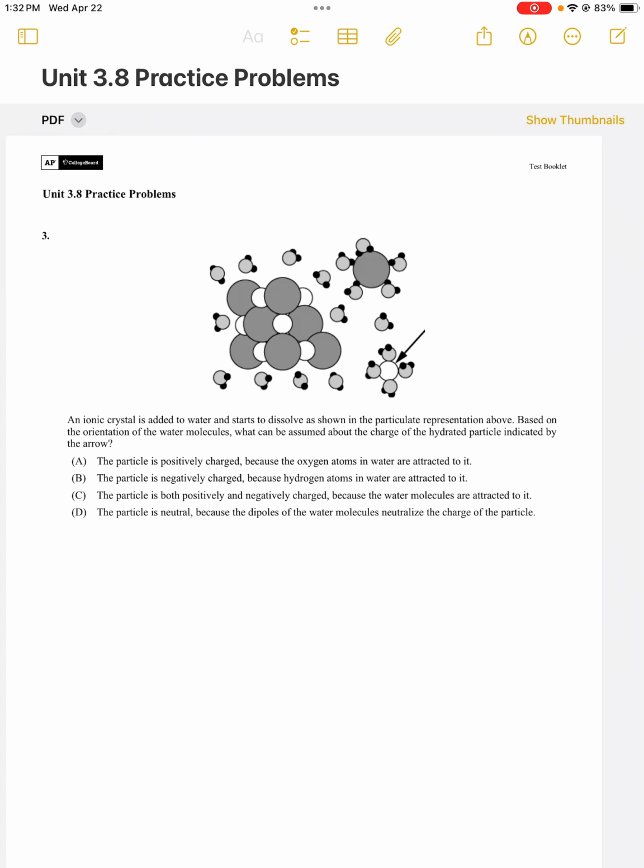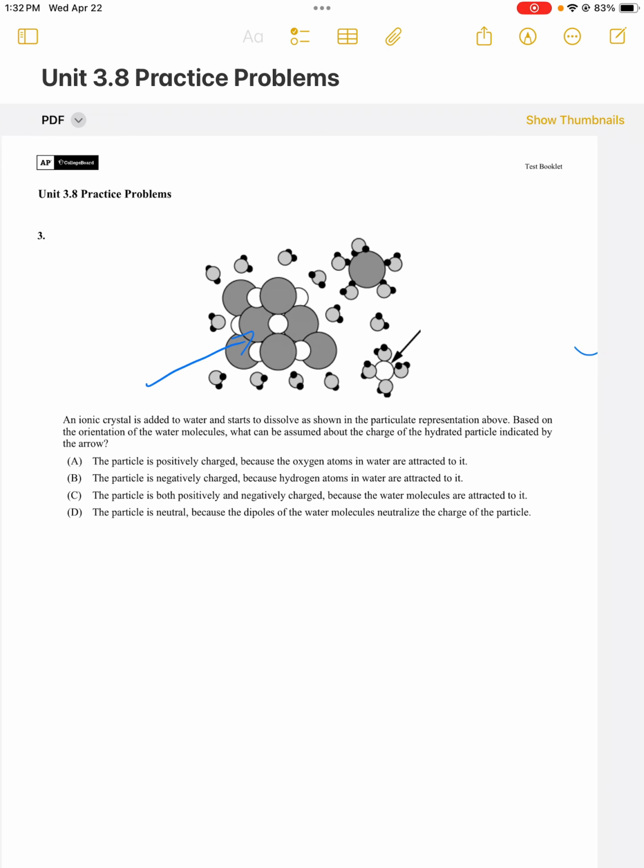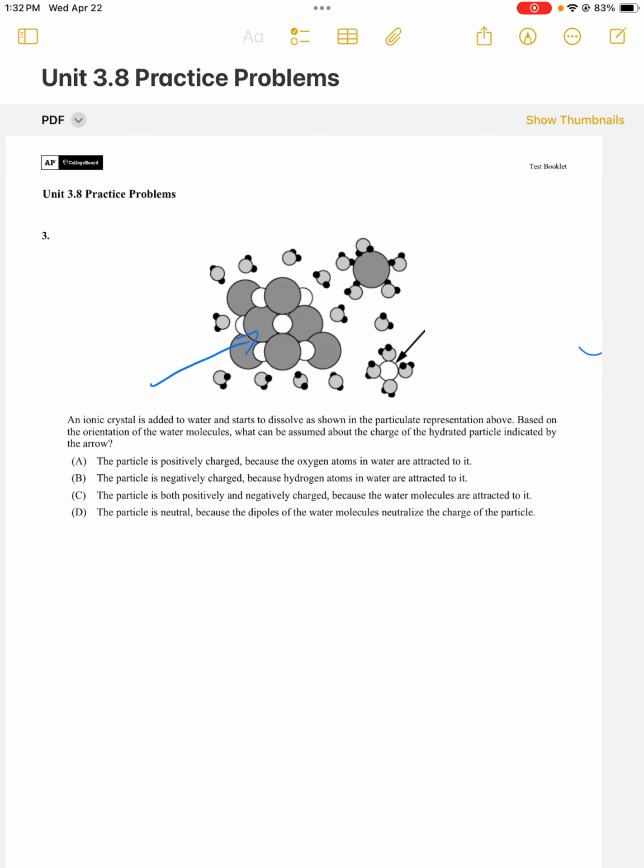Okay, coming over here. Now, this is a pretty good representation, I think, of an ionic compound in the process of dissolving and dissociating. When you have a soluble ionic compound, the thing that breaks it apart really are the polar water molecules pulling it apart.